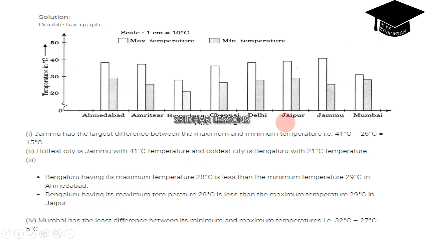Okay. For question number 4, Mumbai has the least difference between minimum and maximum. That is, it has the maximum of 32 degrees and minimum of 27 only, which is equal to 5 degrees centigrade. See this bar graph picture carefully.